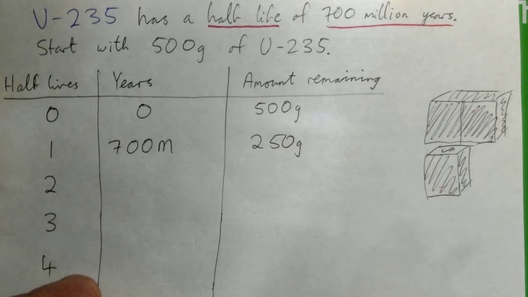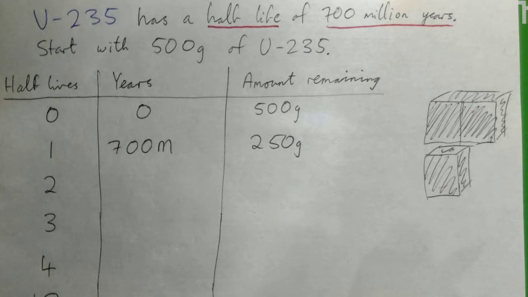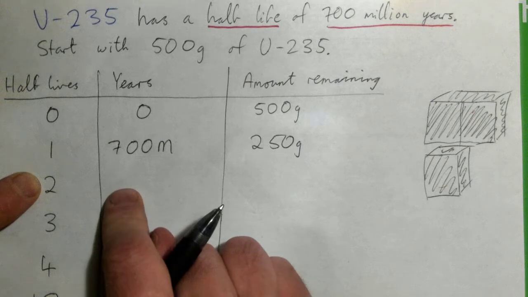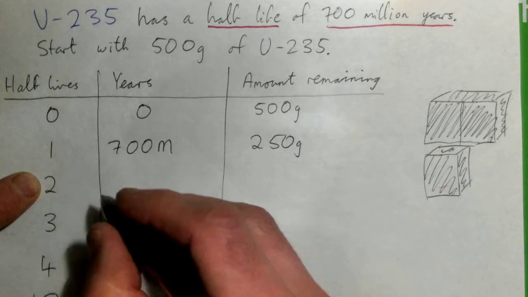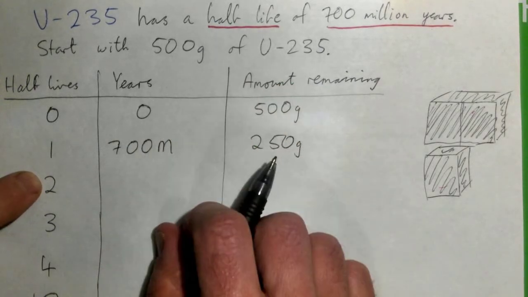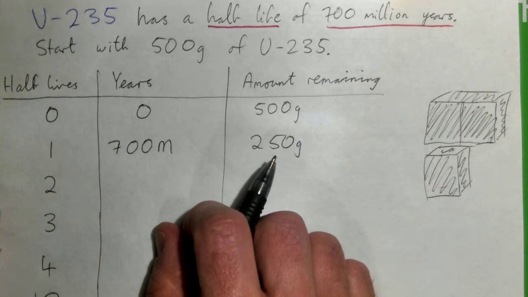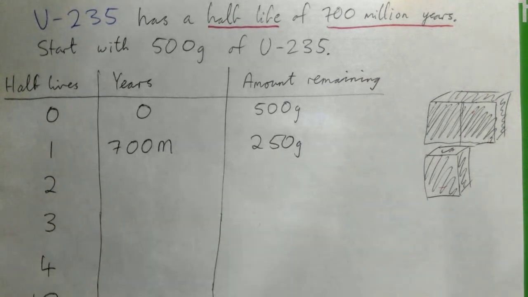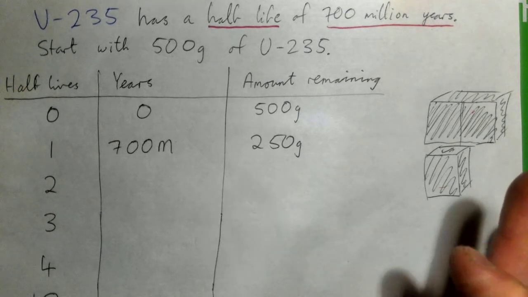Okay? Now, after another half-life, how many years is that going to be? No, focus. I think you're looking at your paper again. We need to start all over again. Throw whatever you've done. I want you to crumple it up and throw it away. Start over. After another half-life, how many years is that?